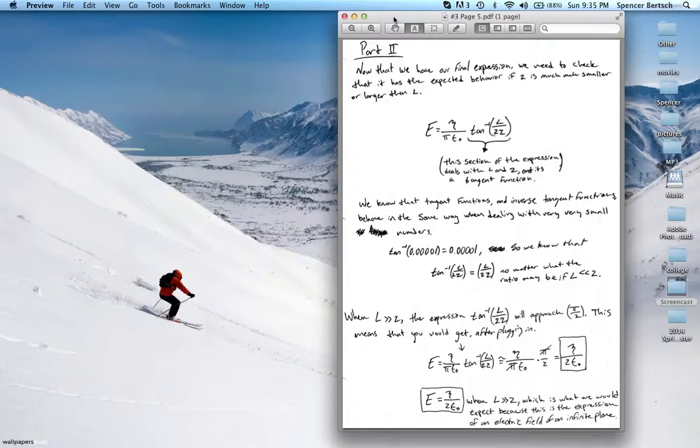And it does, and you can prove that because, well, actually, just conceptually, if you think about it, if Z is much smaller than L, then it would be basically like an infinitely long sheet of charge in both the x and the y directions. It would be like the electric field strength of a sheet of charge, because you're so close to it that it's no longer a strip from L/2 to negative L/2.